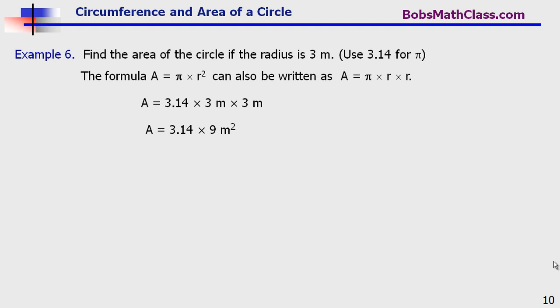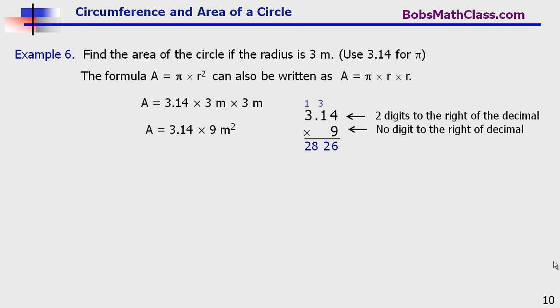It's legal. But I think it's easier to multiply the two whole numbers first, before you multiply it by a decimal. Then multiply 3.14 times 9. Again, move your decimal point over 2 places. So we get 28.26, and then put that little m squared.